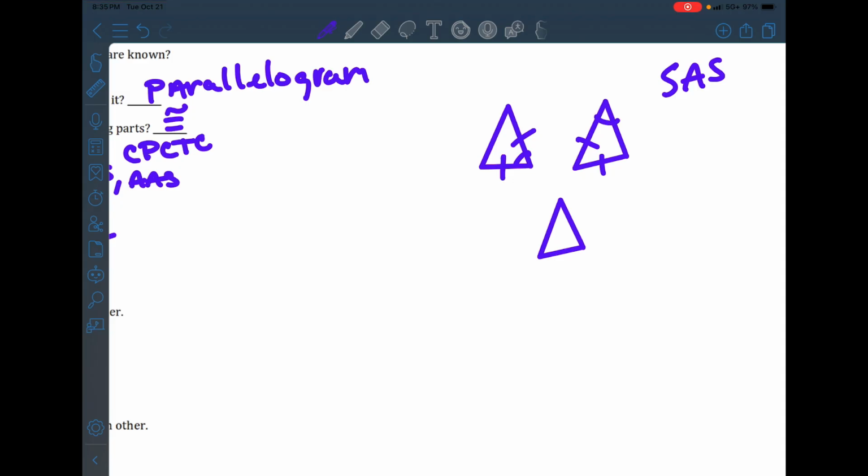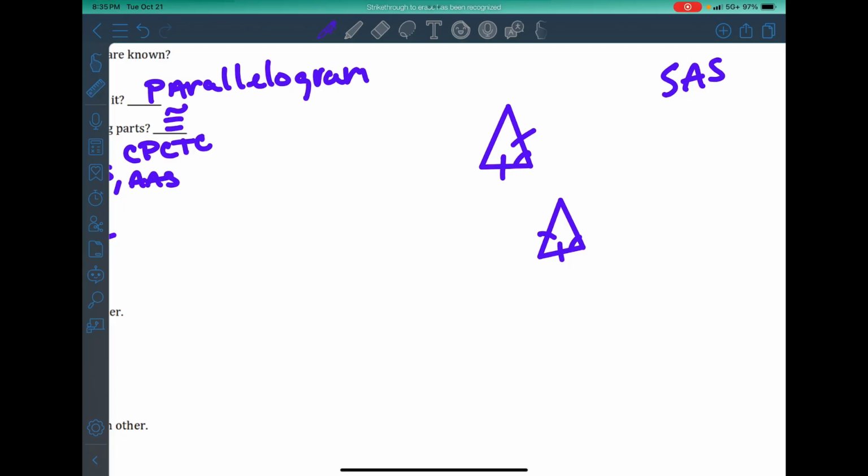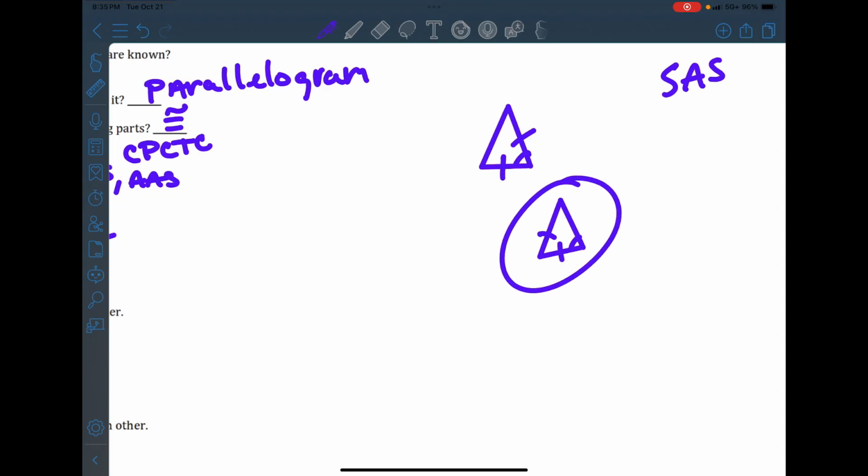That one's actually side, side, angle. And this one also would not be. So don't look at those two and say, oh, they both have two sides and an angle, they're congruent to each other. No, because this one is not marked side, angle, side. So make sure that they are marked the same.